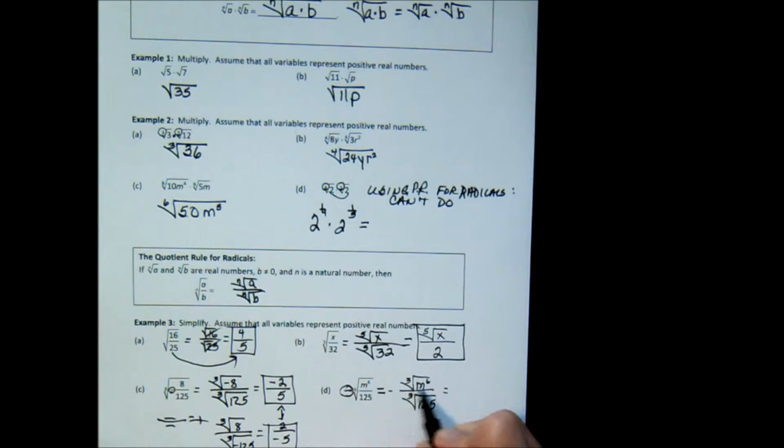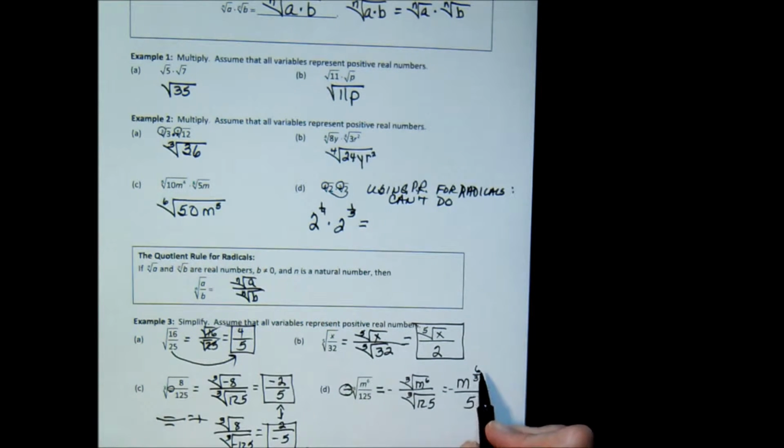I'm going to write the numerator as a fraction. The root here is 3, so it's that. Cube root of 125 is 5, remembering there's a negative out front. But m to the 6/3, that fraction simplifies, is just m squared over 5, negative out front.